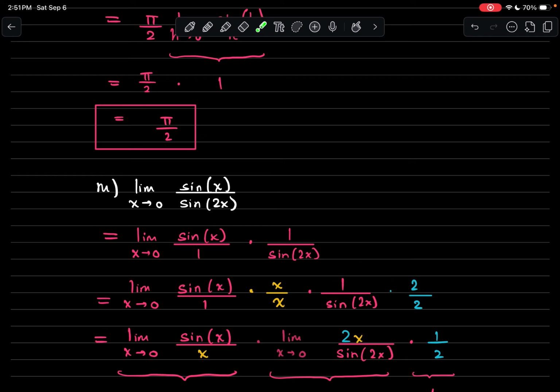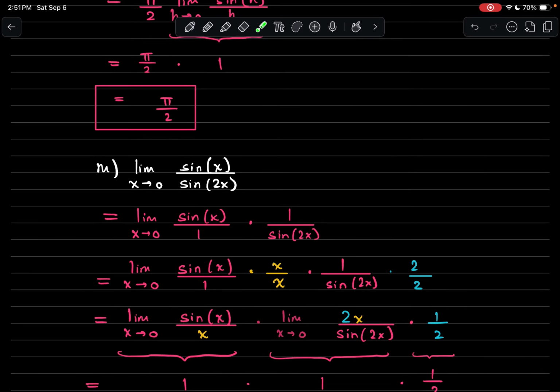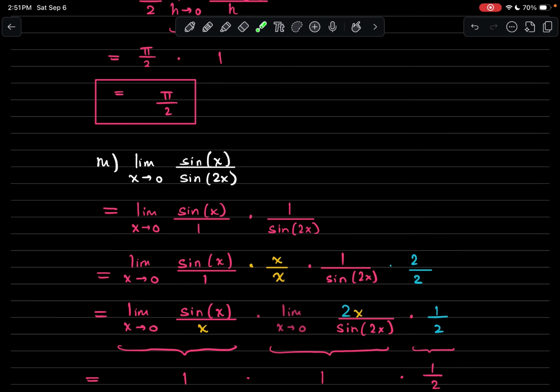I'm going to take this x from here and this 2 from here and put them together to get 2x over sine 2x. Now remember, when we had u over sine of u, the limit as u approaches 0 of this is still going to be 1. And that's going to be the same rule we're going to use here. Okay?